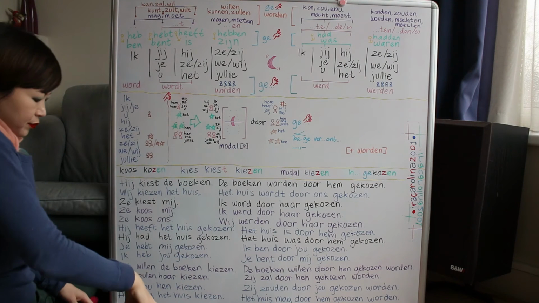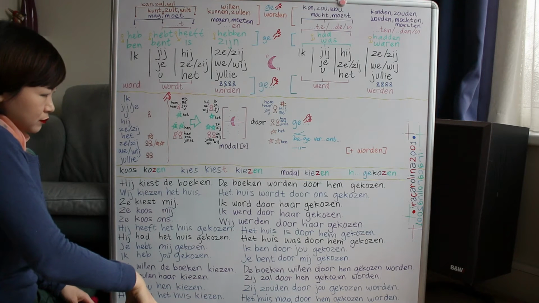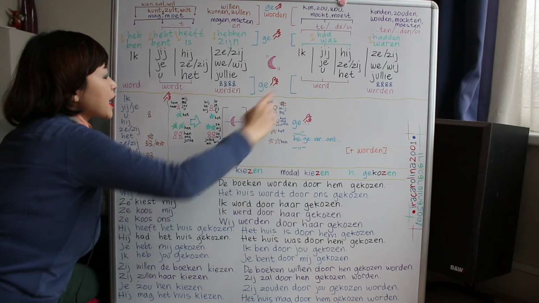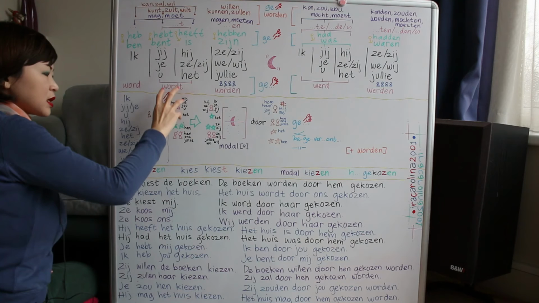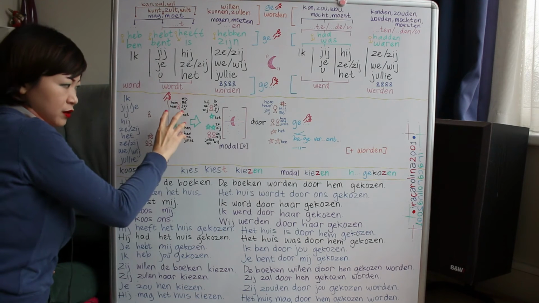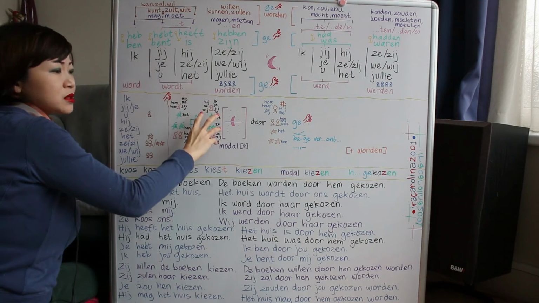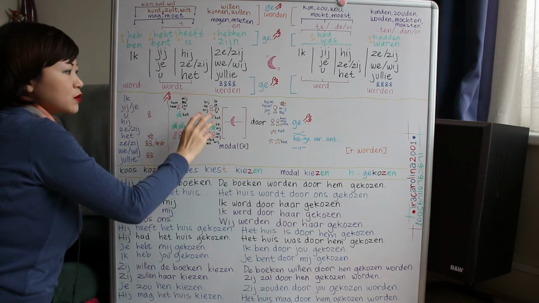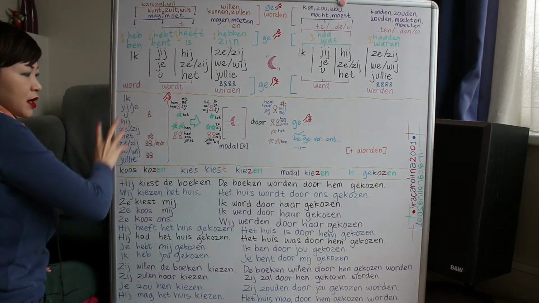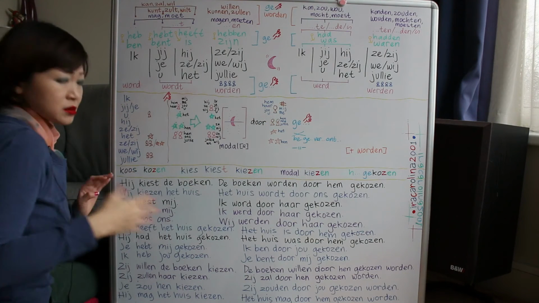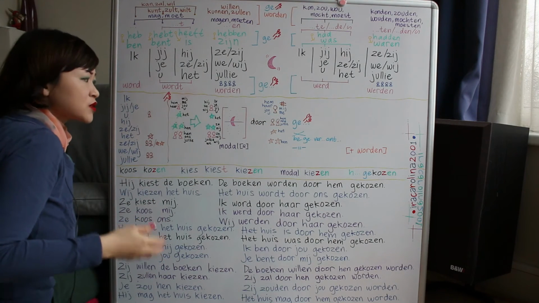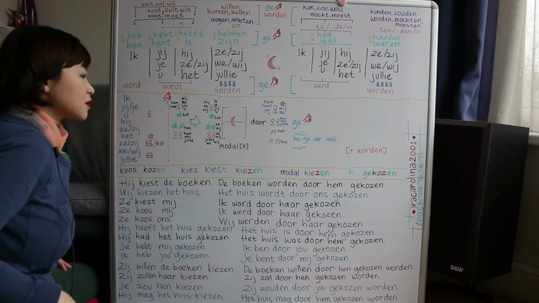This is the object. And when we have to make it a passive sentence, of course the one that was object before becomes subject. And the one who was subject in the active sentence becomes object. Because that's the rule when we make a sentence from active into passive.